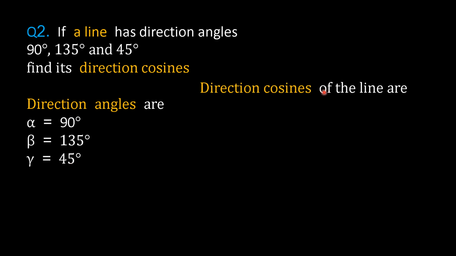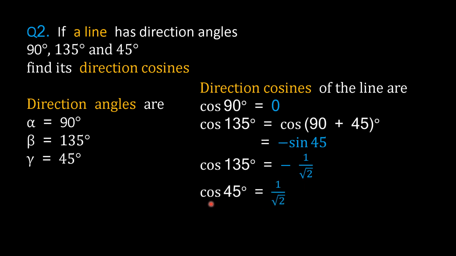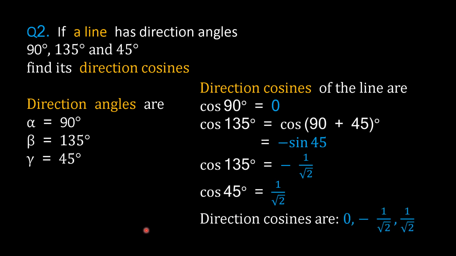So the direction cosines of the line will be cos 90 degrees, which is 0, cos 135 degrees will be cos of 90 plus 45, which will be minus sine of 45 degrees. Cos 135 degrees will be minus 1 by root 2. Cos 45 degrees is 1 by root 2. Hence, the direction cosines of the line will be 0, minus 1 by root 2 and 1 by root 2.